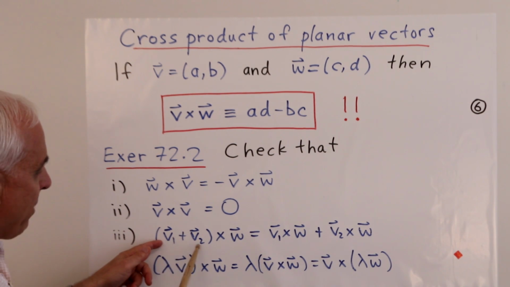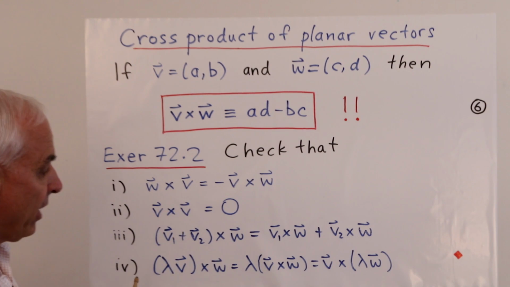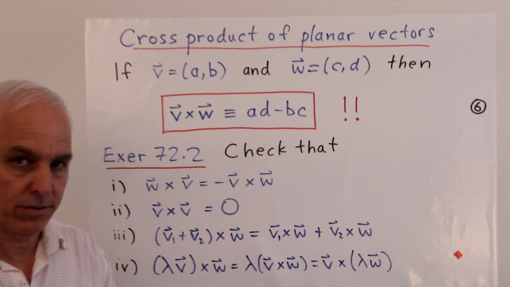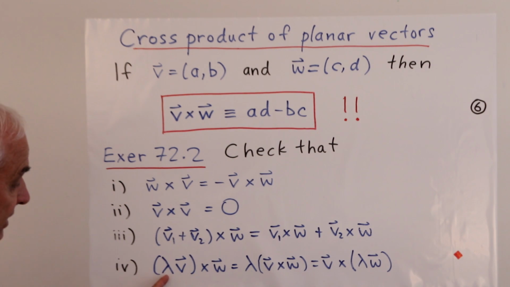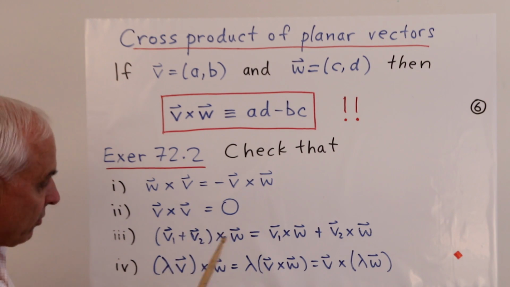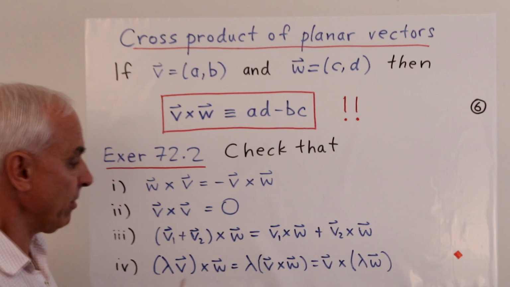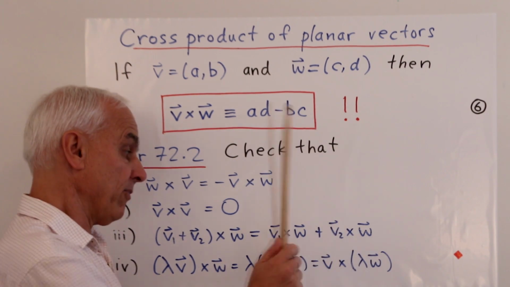That if we take v1 plus v2 cross w, that's the same as v1 cross w plus v2 cross w. And that if we multiply by some scalar lambda, lambda v cross w is the same as lambda times v cross w. And that's also the same as v cross lambda times w.